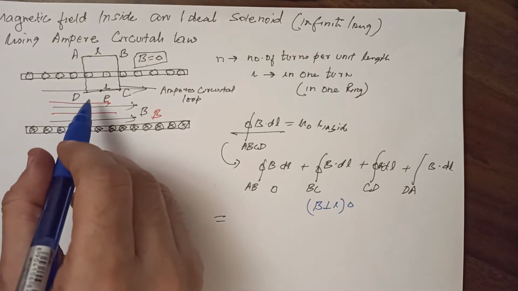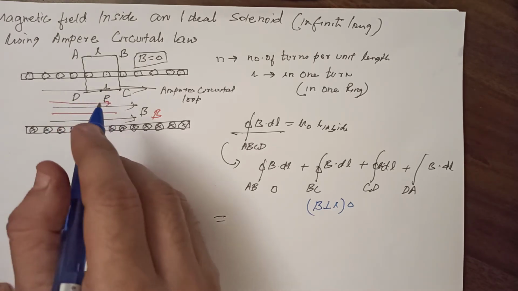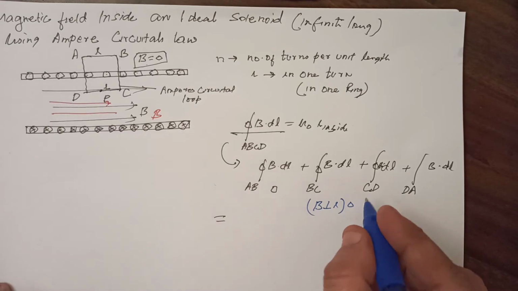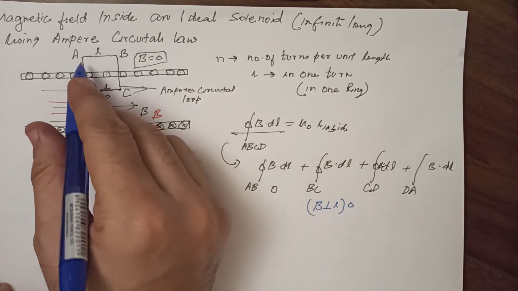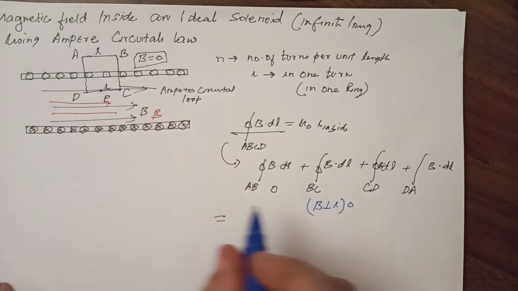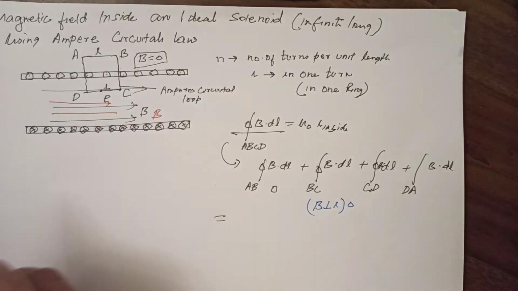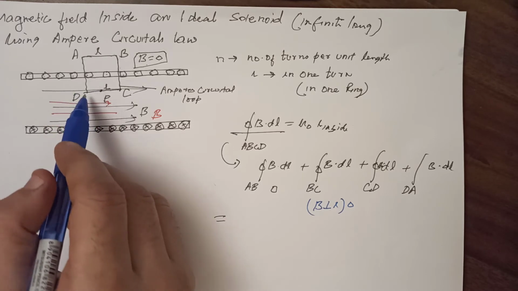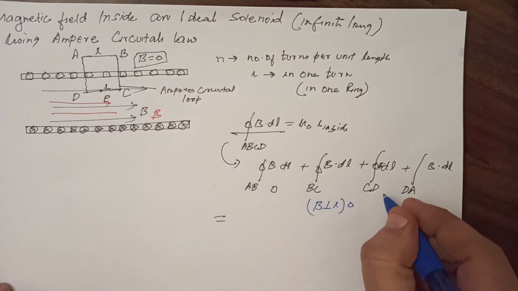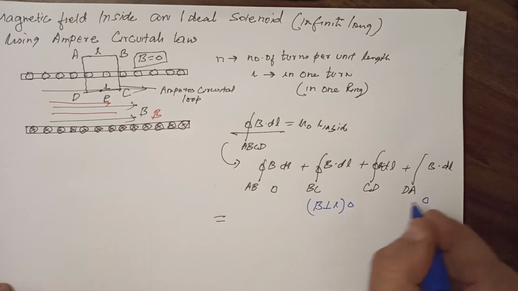Coming on to CD, we don't know, so let's leave it as it is. And dA is again the same thing: this is 0, and this is perpendicular to the magnetic field, so this is also 0.